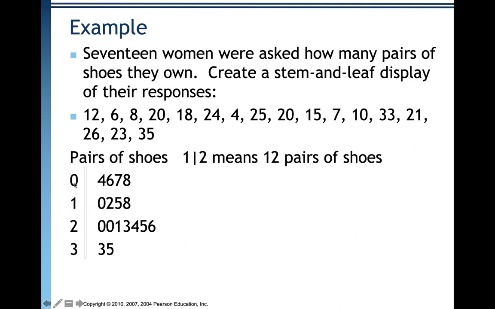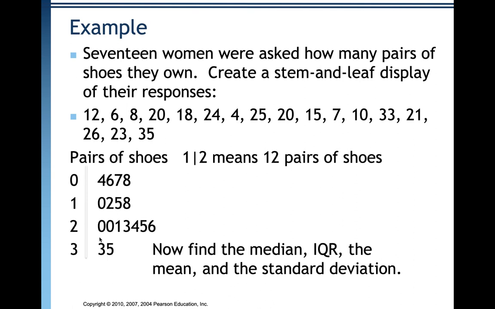And then we do all of our observations that have a 1 in the tens place, 2 in the tens place, and 3 in the tens place. Now, if these two observations had been 43 and 45, so the 30s wouldn't have any observations, you would still write the 3 and then write the 4, because you would want to show the gap.